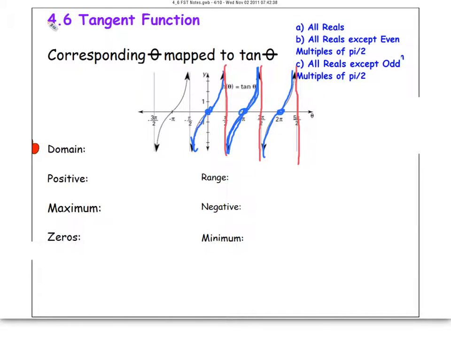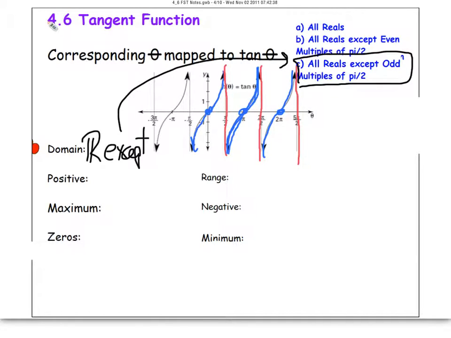So the domain here is all real numbers except where do we have the issues? Take a look. 1 pi over 2, 3 pi over 2, 5 pi over 2. So that's going to be all reals except the odd multiples of pi over 2. So letter C here is how we would state the domain.